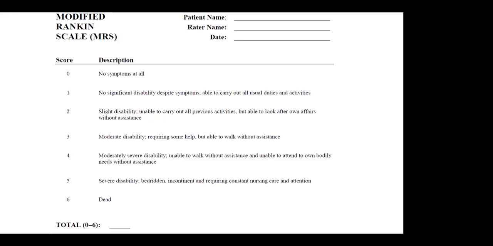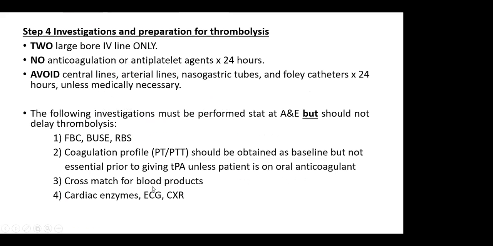Score of 3, there's moderate disability, requiring some help, but able to walk without assistance. Score of 4 is moderate to severe disability, unable to walk without assistance, and unable to attend to own bodily needs without assistance. 5 is severe disability, which is bedridden, and 6 is dead.